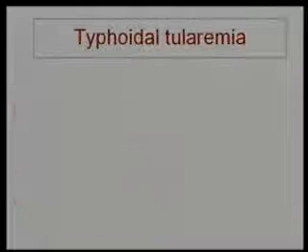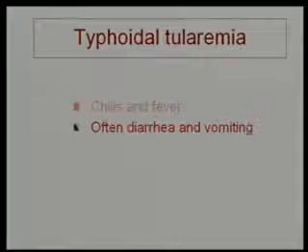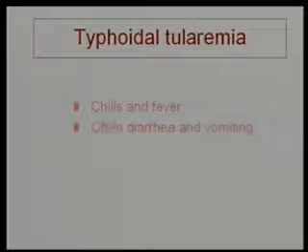Okay, then typhoidal. Typhoidal is via ingestion, and the symptoms will be gastroenteritis, of course, and if the organism is producing an ulcer, there will be ulcers as well in the GI tract. It is accompanied by chills and fever, often diarrhea and vomiting because it's in the GI system, and those are the typical symptoms of typhoid as well.